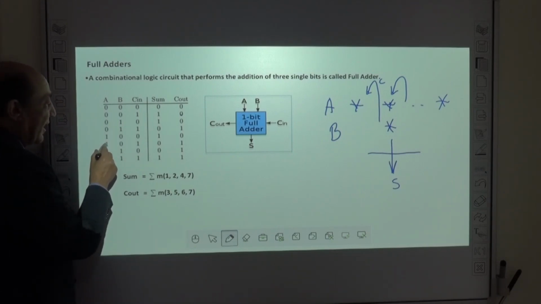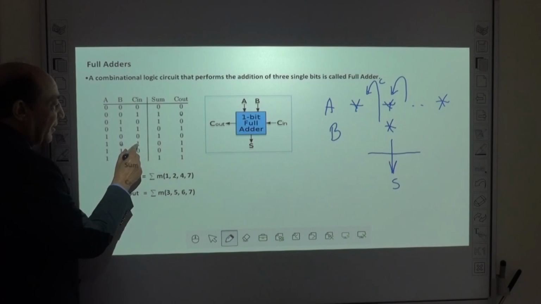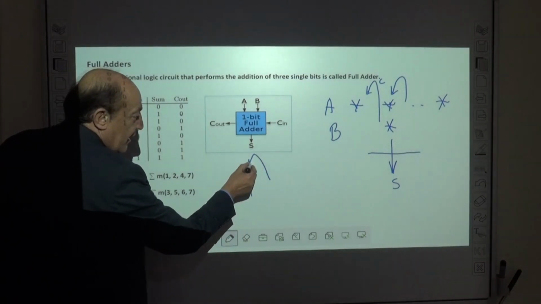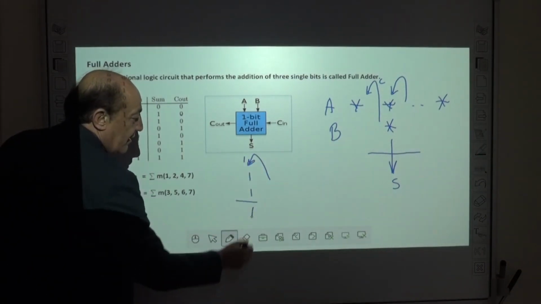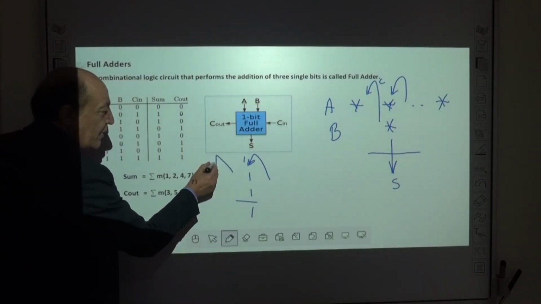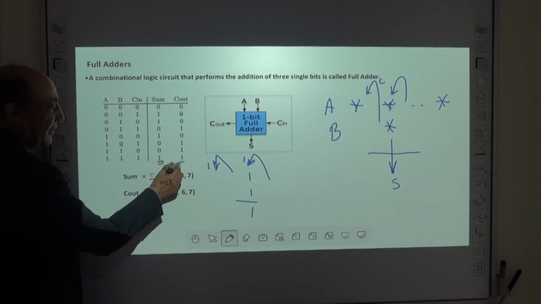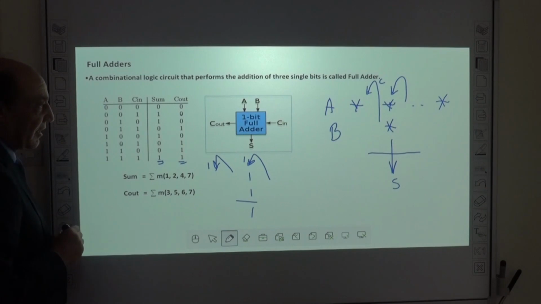And the same if we add 1, 0, 1. If we add 1, 1, 1, then the sum is 1 and we have a carry out of 1.